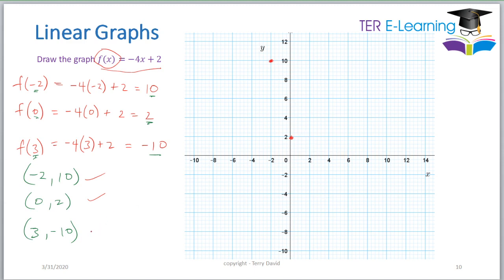And my next point is 3, minus 10, which is somewhere here. What we need to do now is draw a straight line passing through those points. The graph is going to look something like this. Let's make it a little thicker.